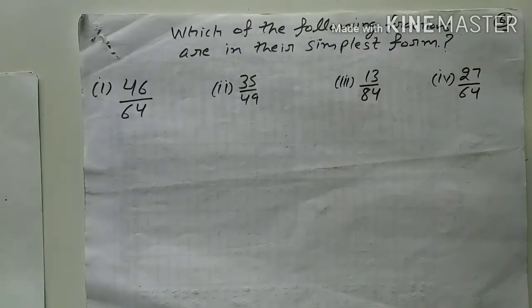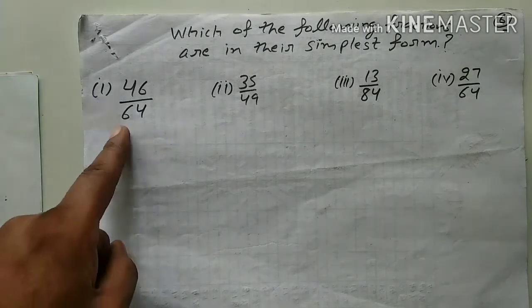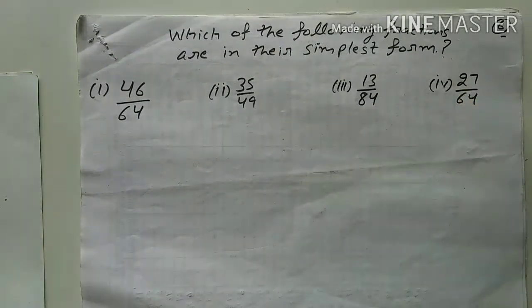Good morning student, this is Shailesh Kumar and in this video we are dealing with fractions under the heading which of the following fractions are in the simplest form. Here, 4 fractions are given and we have to decide which one is in the simplest form and which one is not.